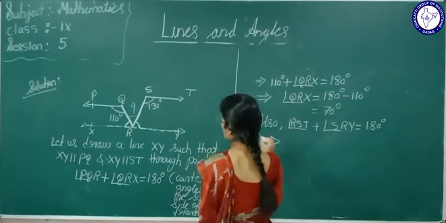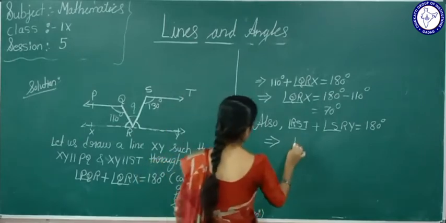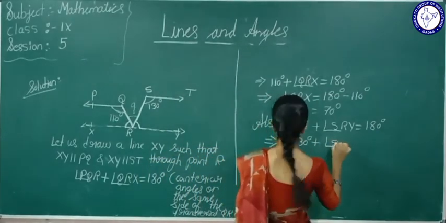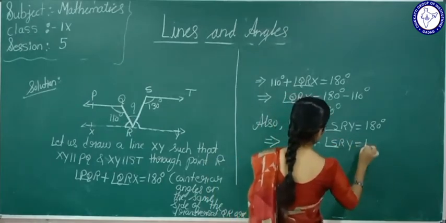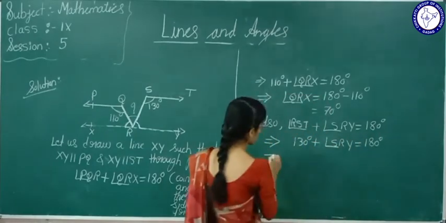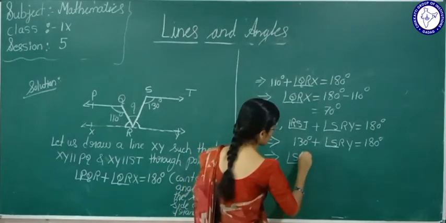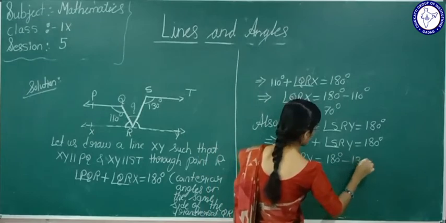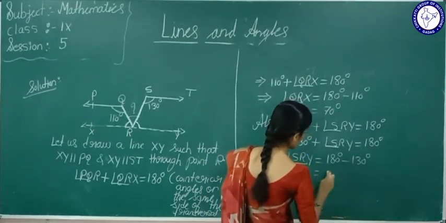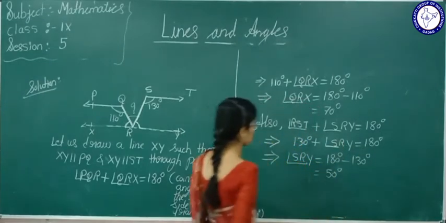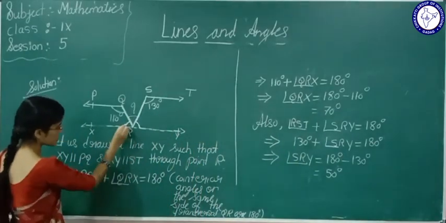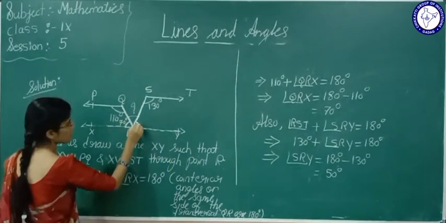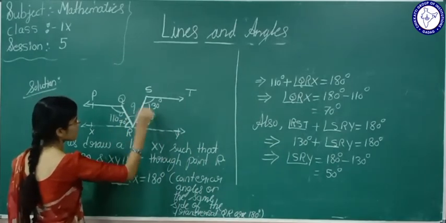So this implies 130 degrees plus SRY is equal to 180 degrees. So angle SRY is equal to 180 degrees minus 130 degrees. It will be 50 degrees. Now see, this value we got as 70 degrees, and this value we got as 50 degrees.